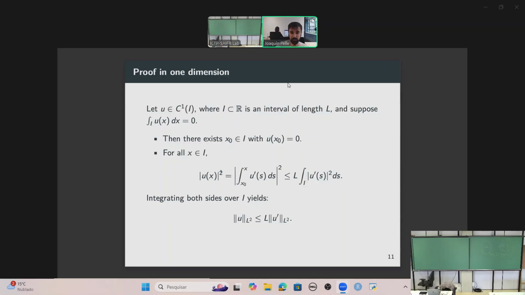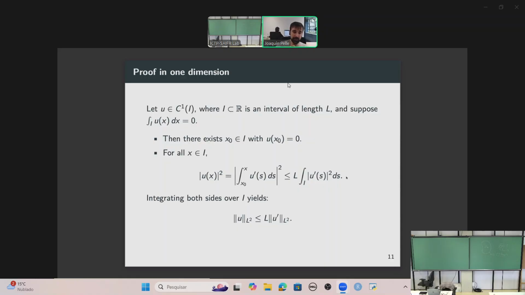So we take the norm and square it here. And using the Cauchy-Schwarz inequality, we essentially get this bound here, where L is the length of the interval, right? So we know that this must be less than the length of the interval times the integral now of the square of the derivative.